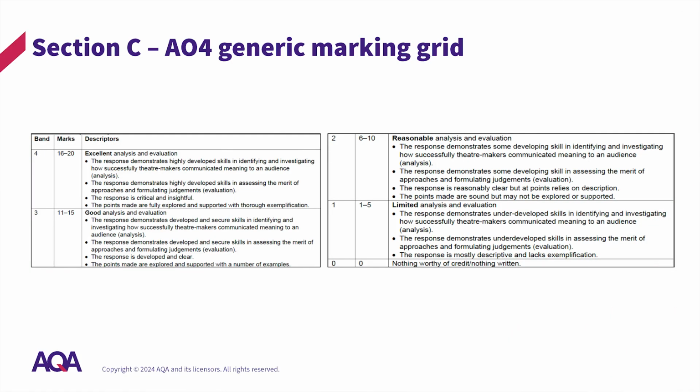And for Assessment Objective 4, analyse and evaluate the work of others, being worth 20 marks, and assessed via the level of analysis and evaluation students provide in their responses.